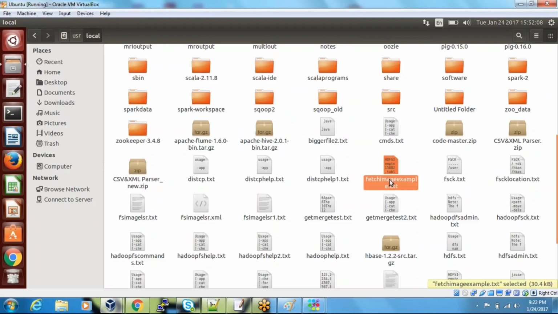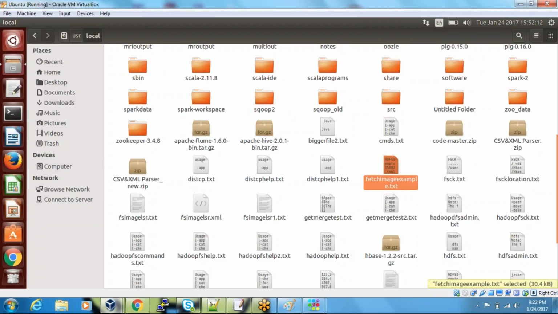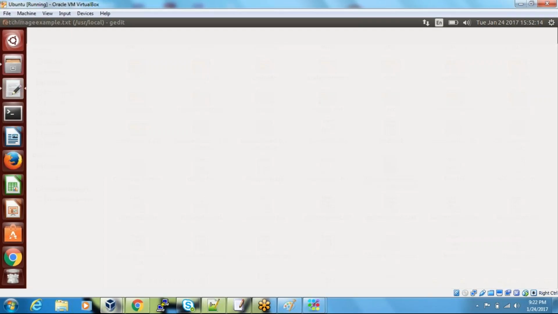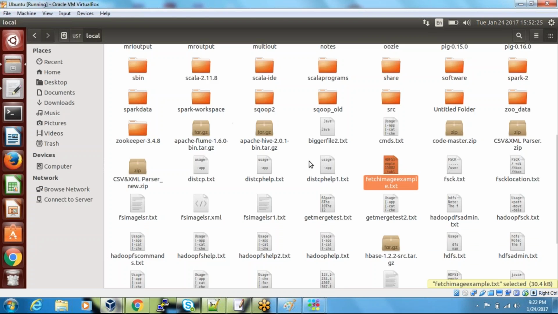FS image. So it's not in human readable format. Let me open another file, the FS image.